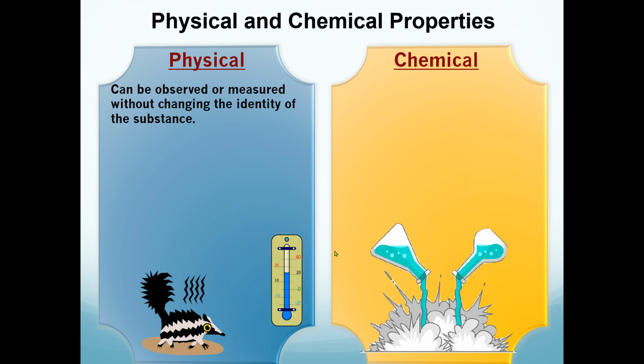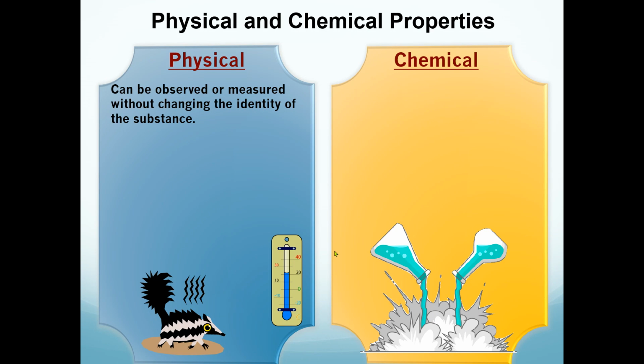Physical properties can be observed or measured without changing the identity of the substance. So these are things like tearing a piece of paper. Does it change the fact that it's still a piece of paper? No, it's still paper, regardless if I tore it in half or not. A skunk smells.